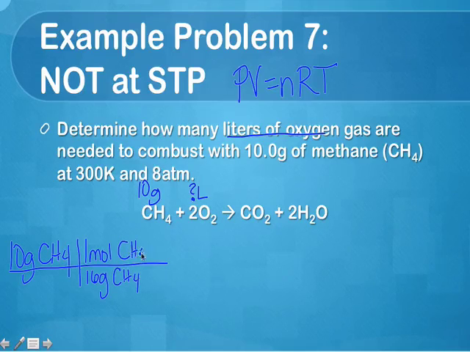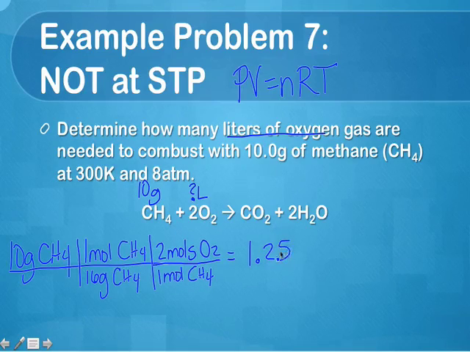Then I use the coefficients in the balanced equation to switch from methane to oxygen. 1 mole of methane goes in, it reacts with 2 moles of oxygen. And I stop there. I can't use 22.4 liters on top of 1 mole of oxygen. That would be if it were at STP, but it's not. So 10 times 2, divided by 16, gives you 1.25 moles of oxygen.